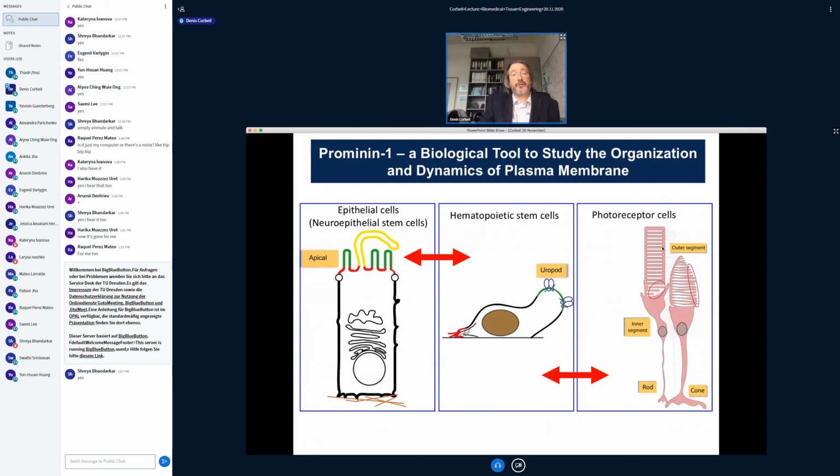The outer segment of photoreceptor cell is very important for vision. You will have opsin, rhodopsin molecules that will be located in this structure. And prominent-1 is found at the base of this structure. And this protrusion here is very important to make the new photoreceptor disks.